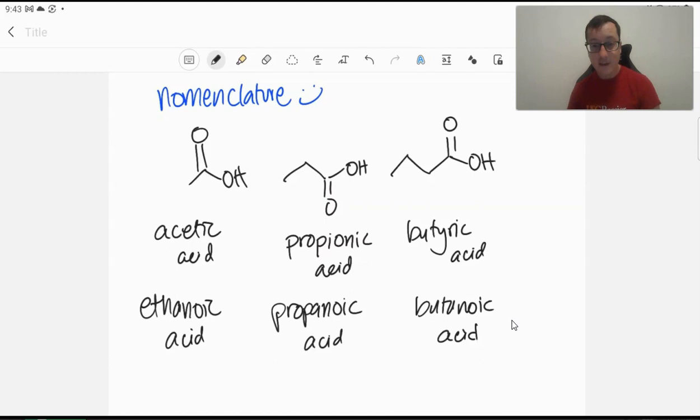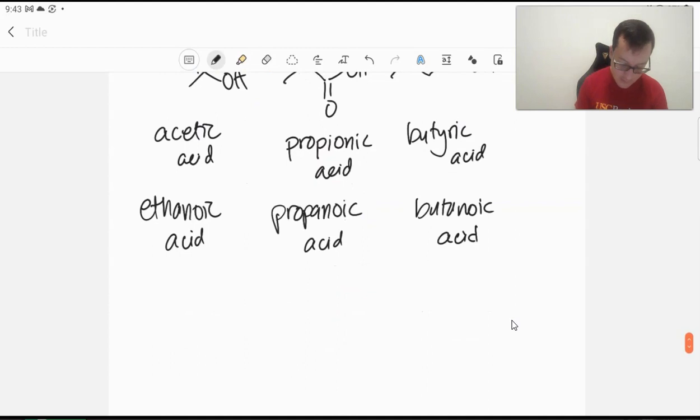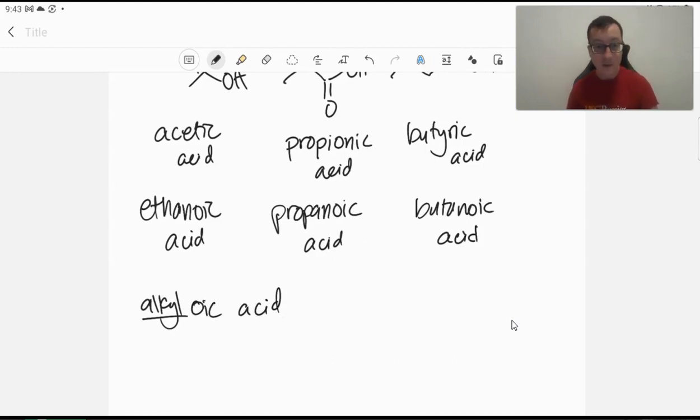We're going to see that we take the name, butane, propane, ethane, we get rid of the E, and we add oic acid. So we take our alkyl substituent, oic acid. That's the standard way. So pentanoic acid, hexanoic acid, octanoic acid, whatever it may be.